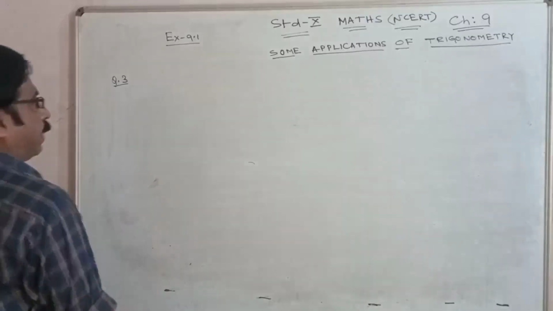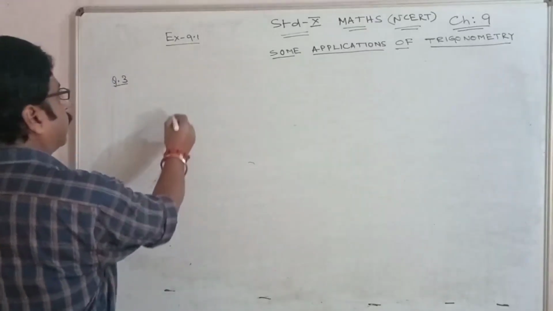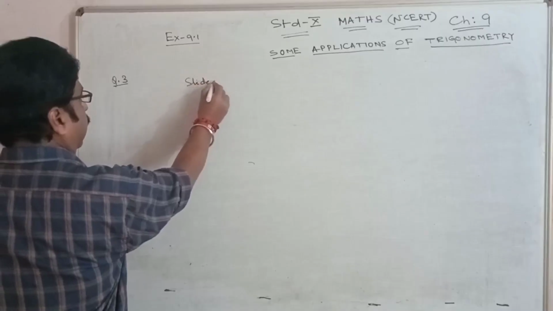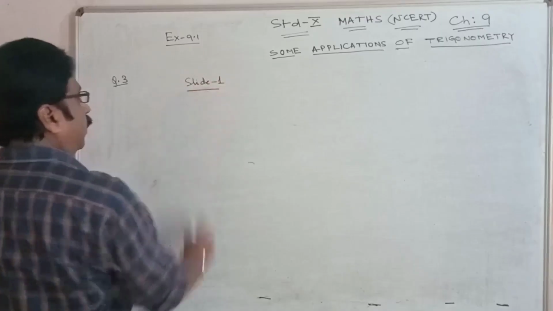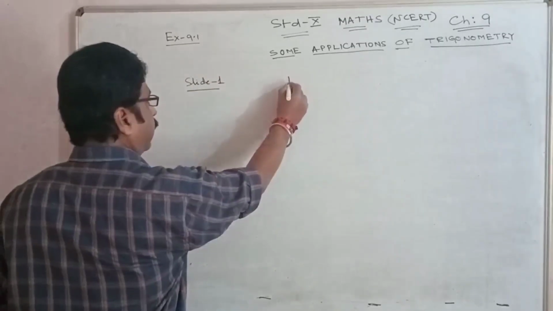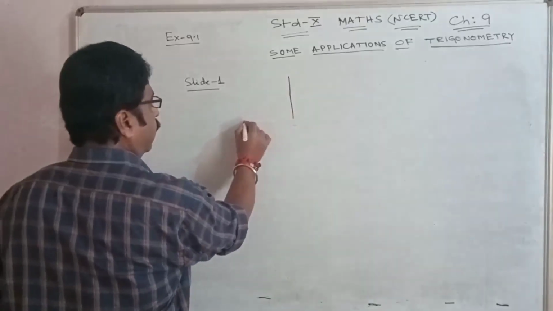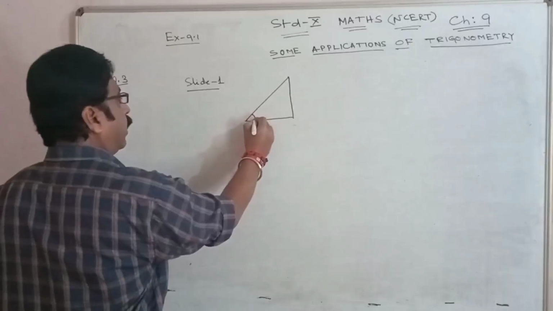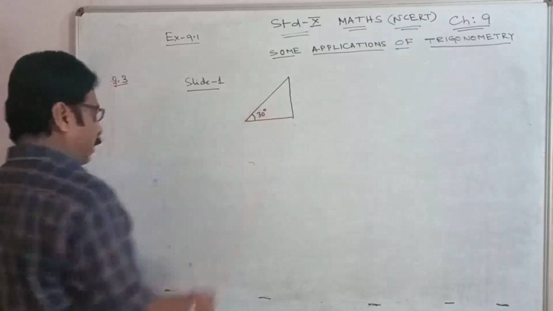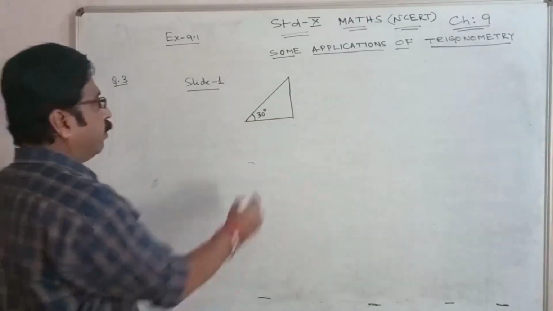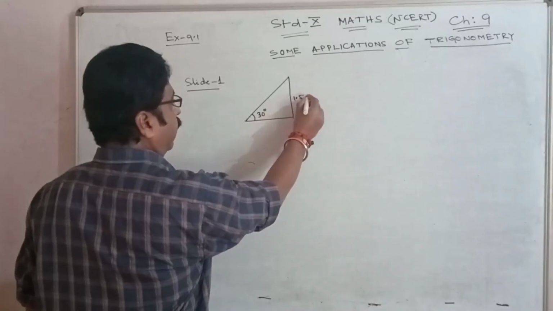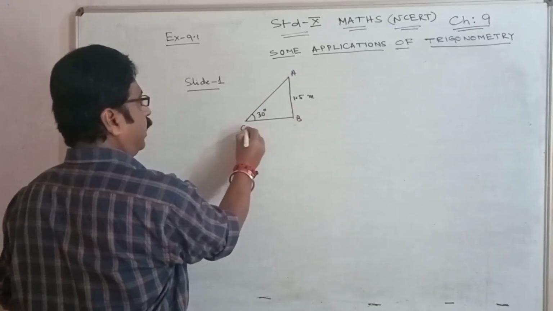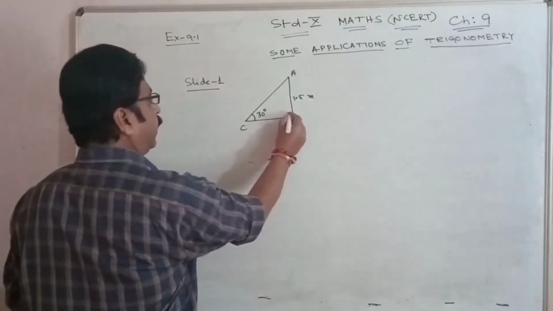Slide 1. We can write slide 1. It is like this. It is given 30 degree and the height is given 1.5 meter. Suppose A, B and C. It is 90 degree.